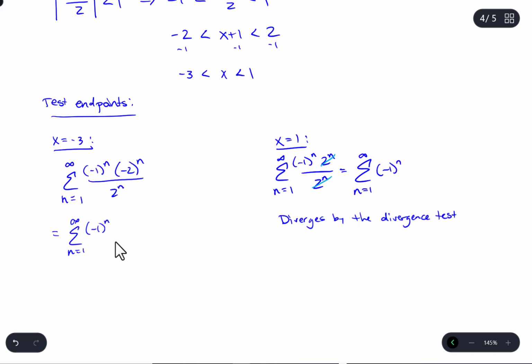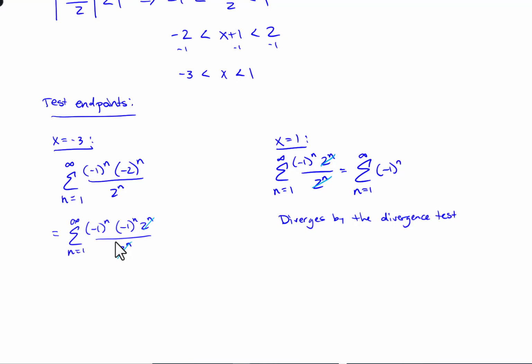In the other one, whenever I raise a value to an exponent, I can think of -2 as -1 times 2. And then I can take each of those values in the product raised to the same power. 2 to the n cancels 2 to the n.